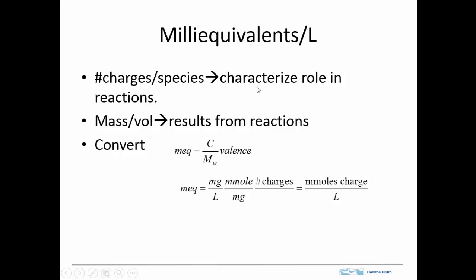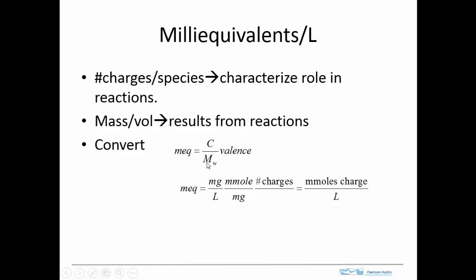It characterizes the role in reactions, and it's important then to be able to convert this mass per volume. That's typically the kind of concentrations that you would get from the laboratory, and so you want to go from milligrams per liter to milliequivalents. And the way that you do that, this is mass per volume.